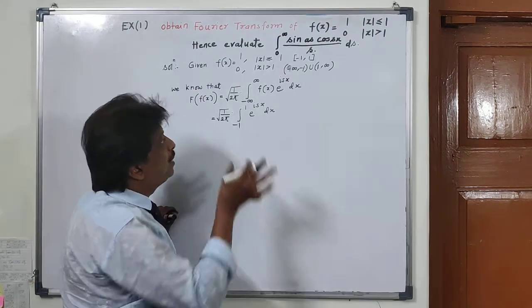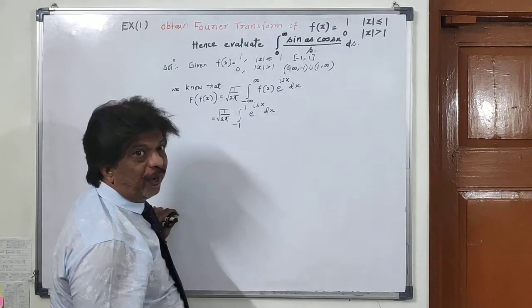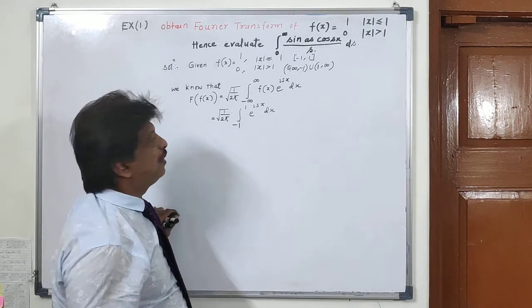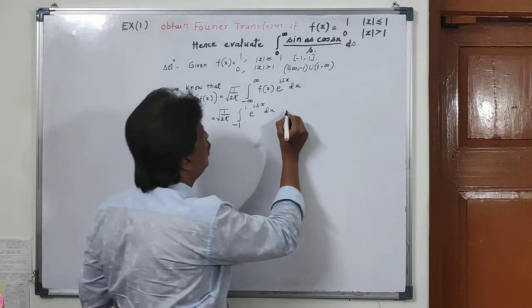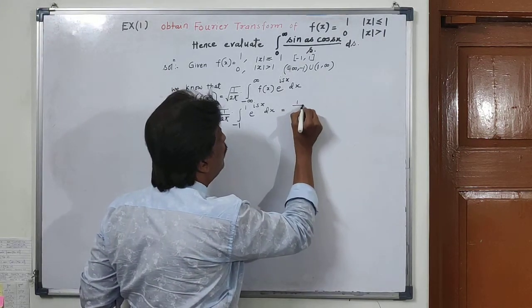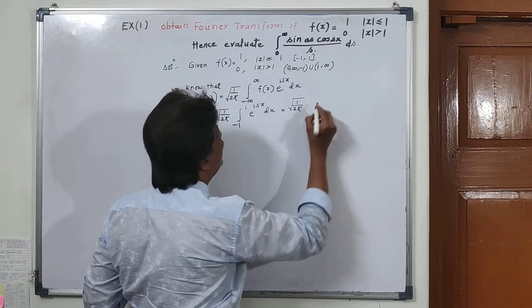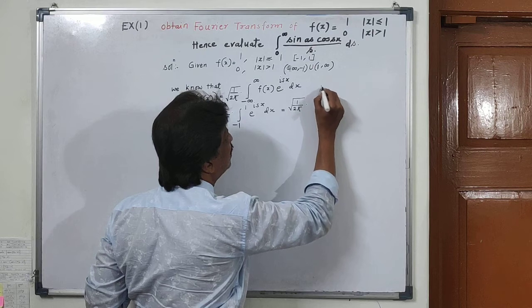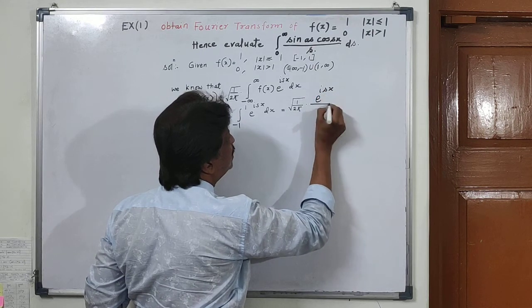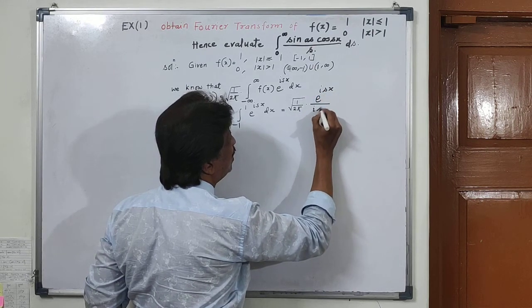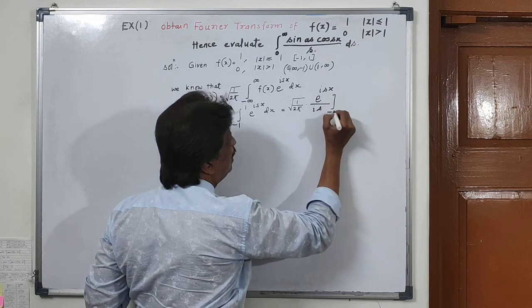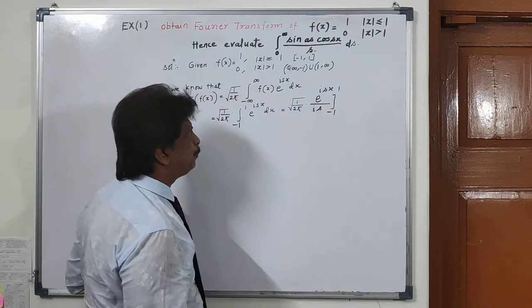It reduces to the simplest integral of the exponential function. So this is further equal to root of 1 upon 2 pi times the integral of e raised to power i s x with respect to x, which is e raised to power i s x upon i s. Limits are from minus 1 to 1.